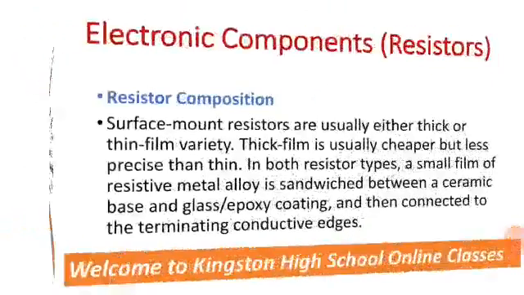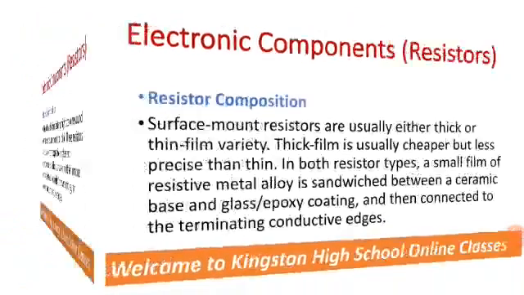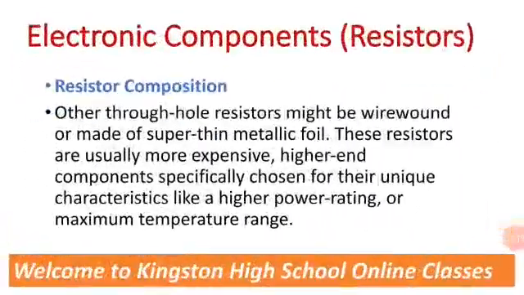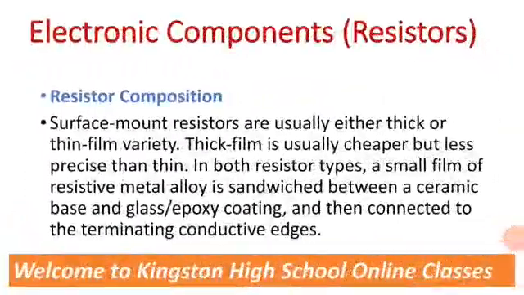Okay, then we also have surface mount resistors. I've talked about 2 different types of resistors, apart from fixed and variable. One I talked about, the through-hole resistor, and then this is another one now, surface mount resistors, usually of thick or thin film variety.